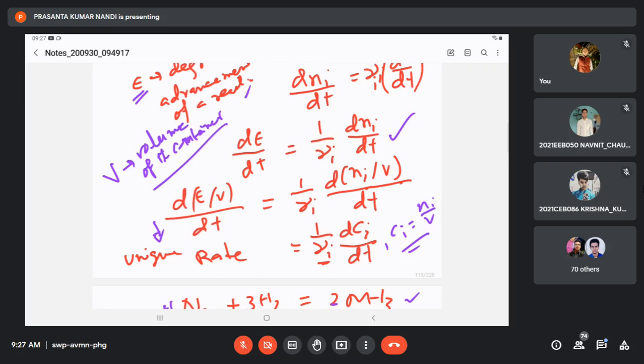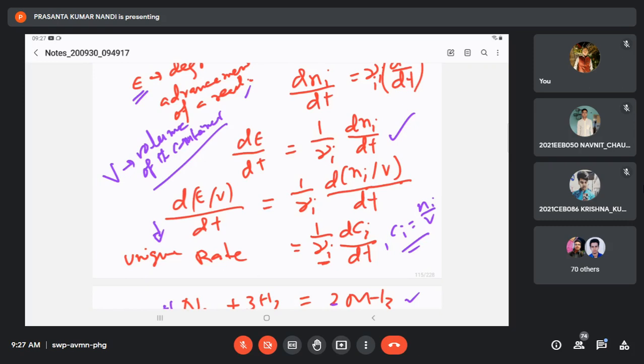Unique rate. Unique rate represents what? For a particular reaction, there are several reactants and several products, right? Suppose, for simplicity, I say this is an elementary reaction.